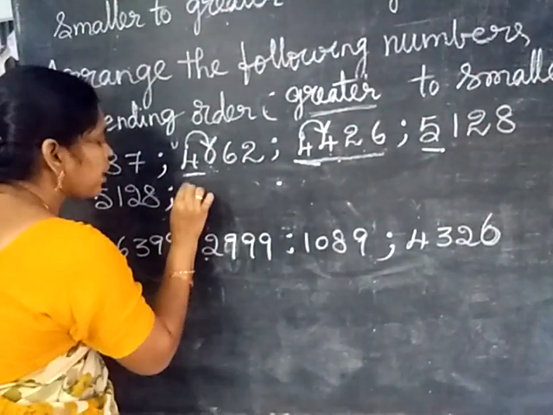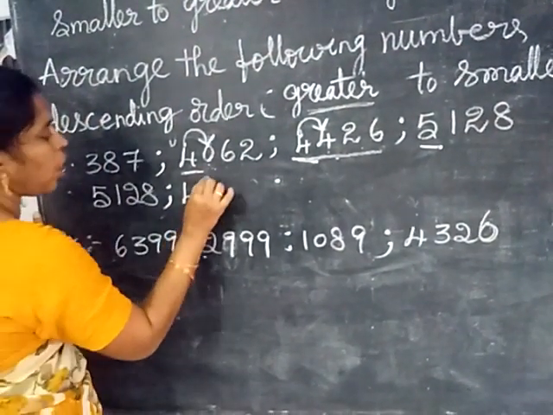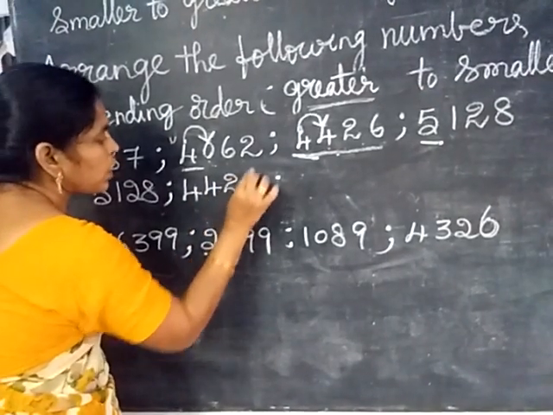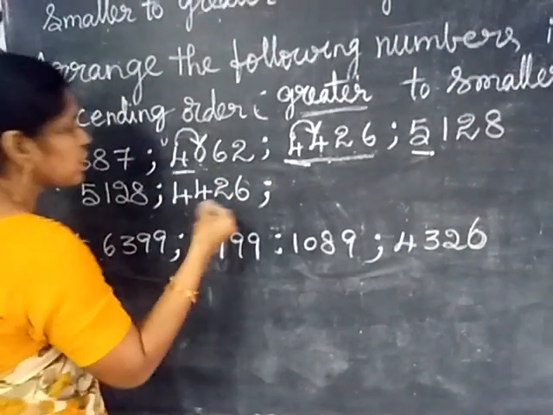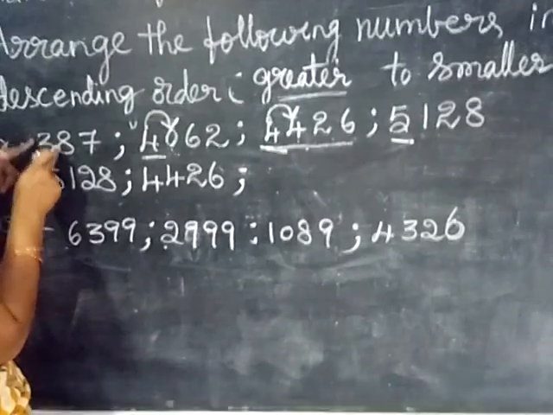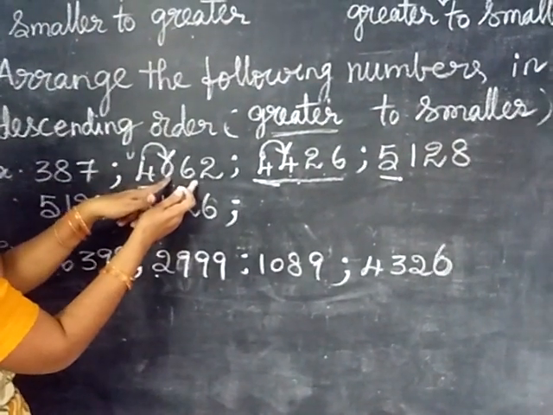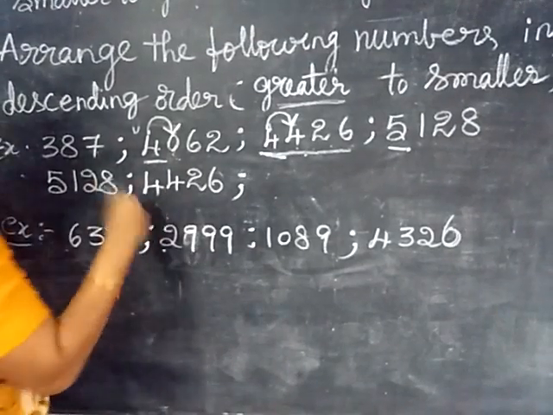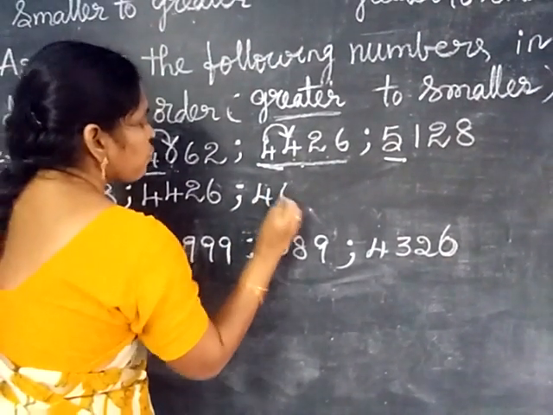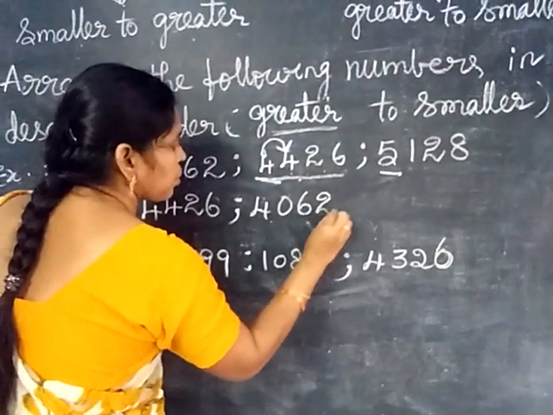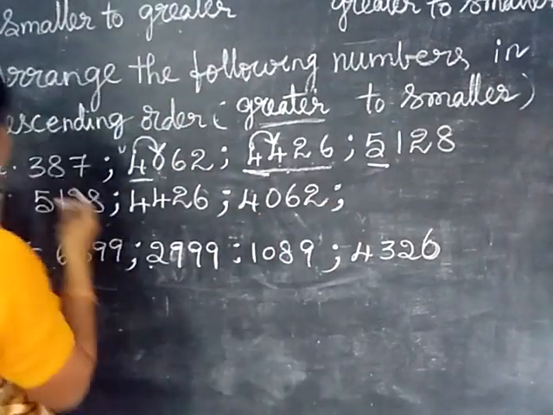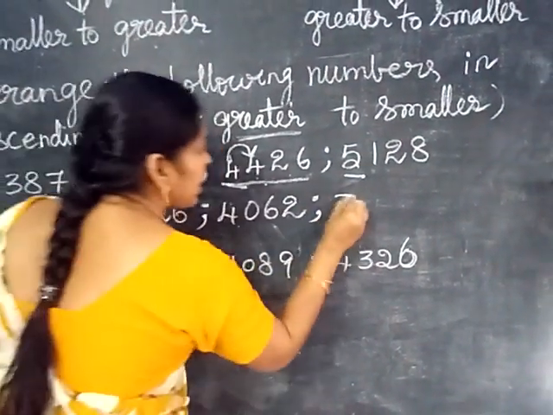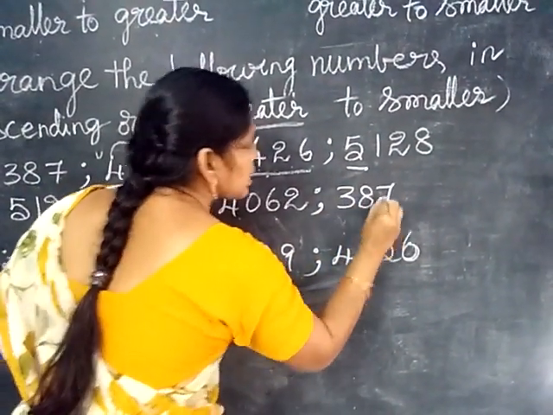So first you write 5128, next number is 4426. Next you check the two numbers. This is a 3-digit number, this is a 4-digit number. You know that a 4-digit number is greater than a 3-digit number. So the third number is 4062. Next you write the 3-digit number, 387.